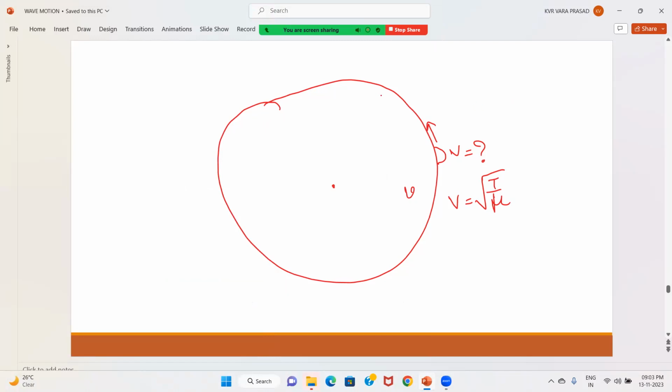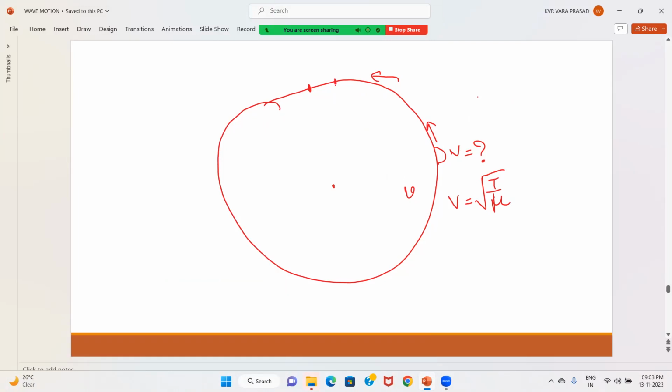When it is rotating like this, each and every element follows a circular path, right? When it rotates, we are taking one small element on the string. Now this element is following a circular path.